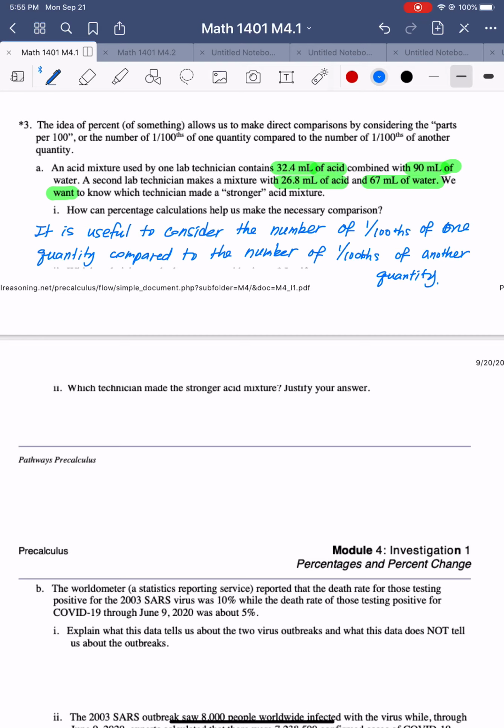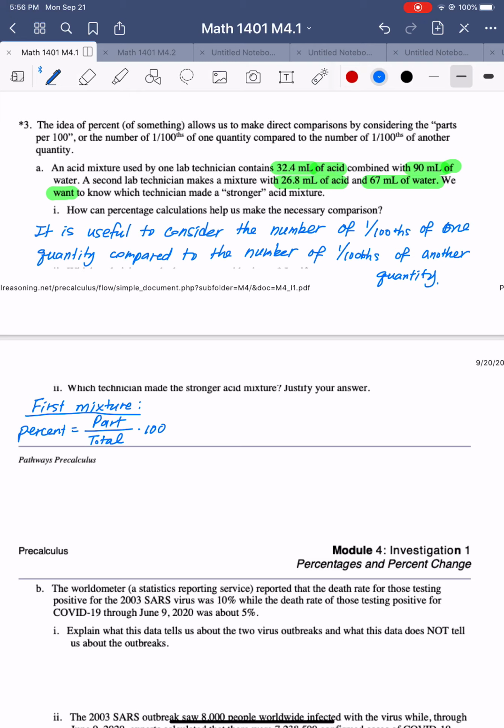Number 2, which technician made a stronger acid mixture? Let's find the answer. For the first mixture, there is always a percent: the total of parts on the top and then multiply by 100.